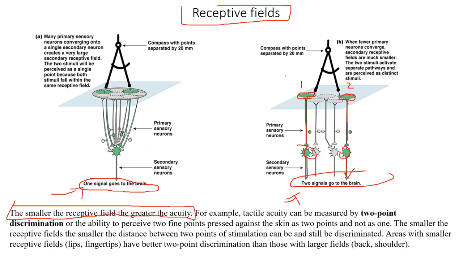And so you have fewer primary neurons covering here, and the fields are much smaller, and the 2 stimuli are sensed as separate.